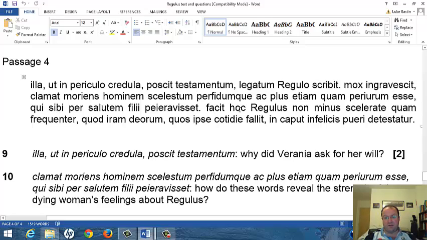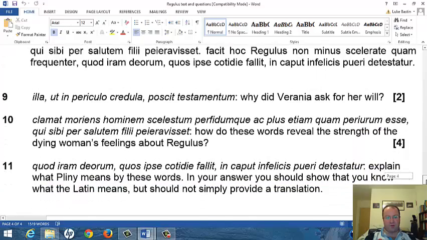Regulus does this not less through crime or wickedness than frequently, because he brings down the anger of gods whom he himself tricks every day onto the head of his poor boy. Section 4 done. Let's look at these questions very, very quickly.